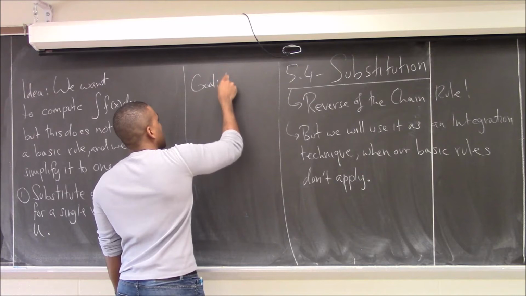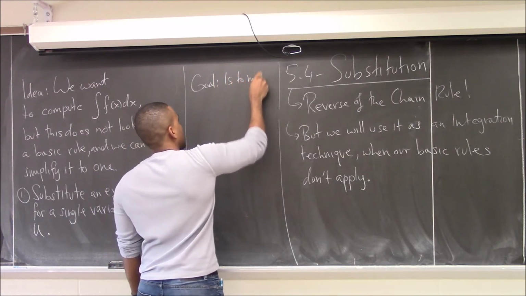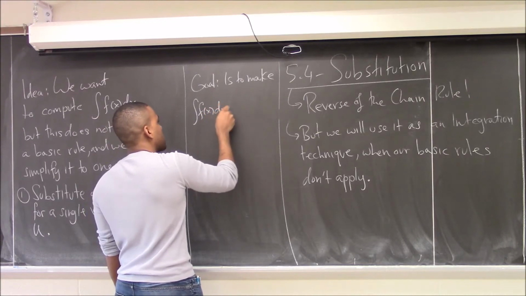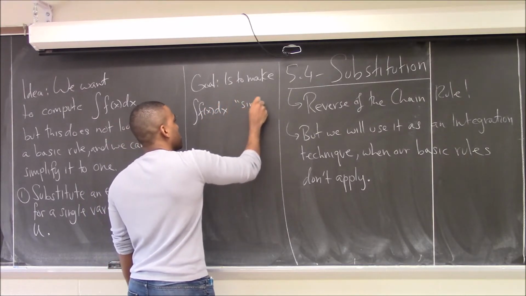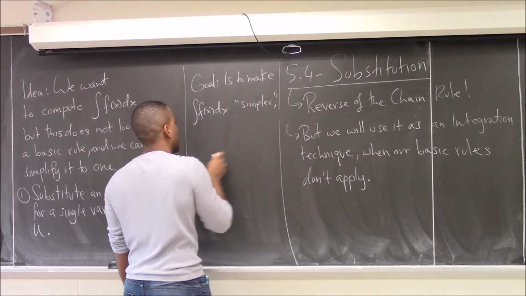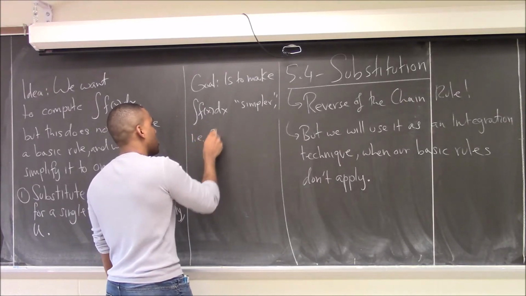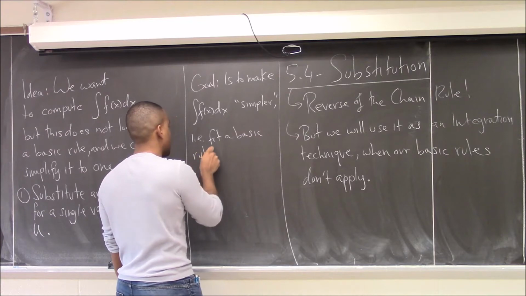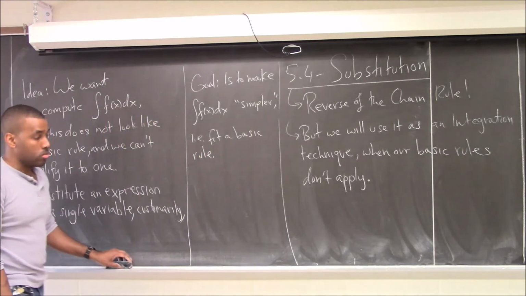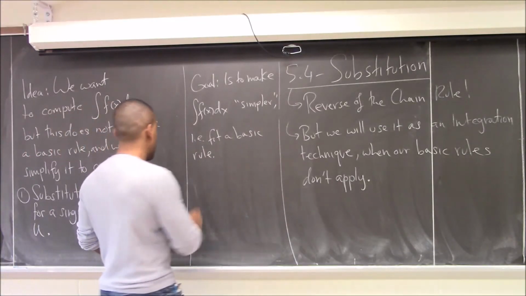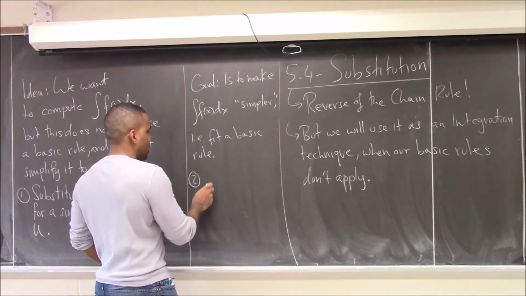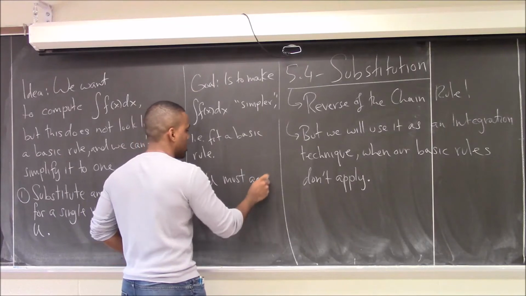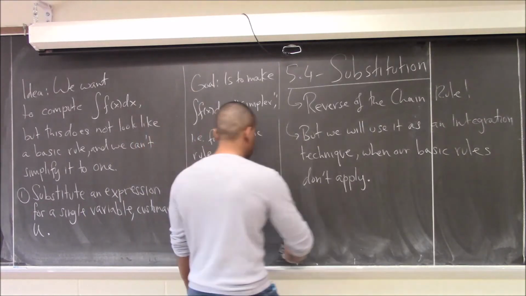The goal is to make f of x dx simple, i.e. make it fit a basic rule by changing the variable. You must accomplish 2 things.